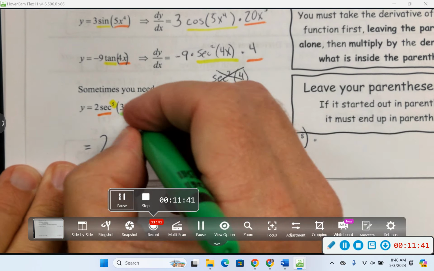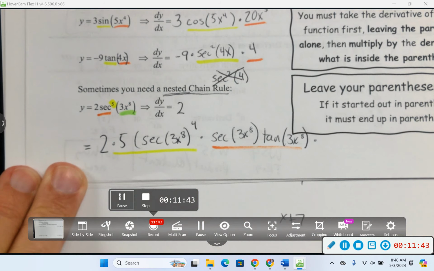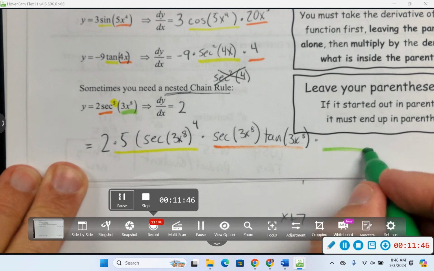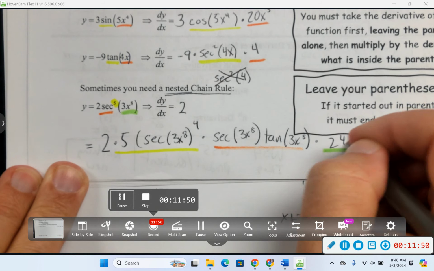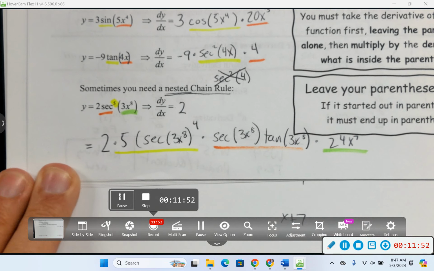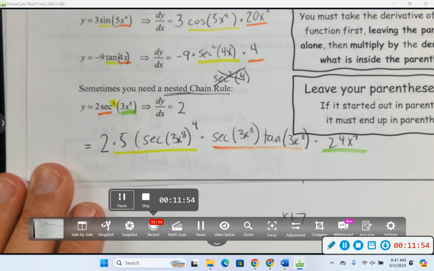And then lastly, the derivative of 3x to the 8th is 24x to the 7th. So that was a 3 chain rule.